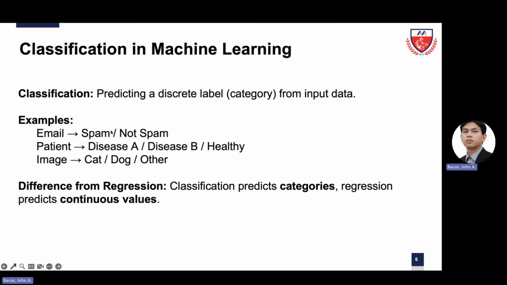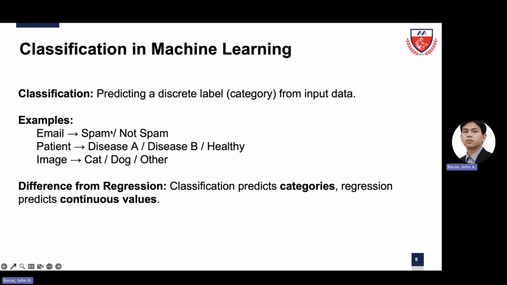Its difference from regression analysis is that classification predicts categories, while regression predicts continuous values. For example, in regression, you're asked to predict the score of a certain student in the board exam from his or her grades in the academic institution.